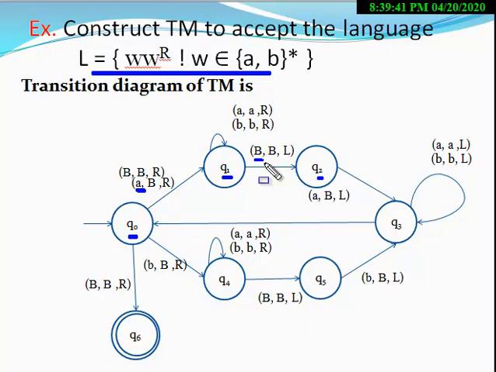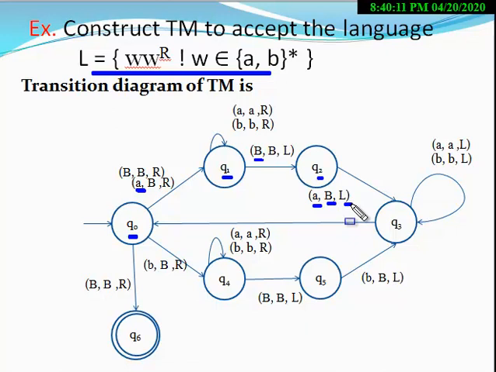The tape symbol capital B appearing means the machine has reached the right end. When the machine reaches the right end, check the last tape symbol of the tape. If the last tape symbol is small a, then the machine enters the Q3 state. The machine moves from Q2 to Q3 state, and small a is replaced by capital B, and also the head moves to the left direction.